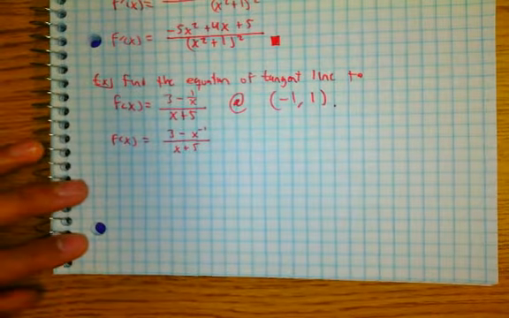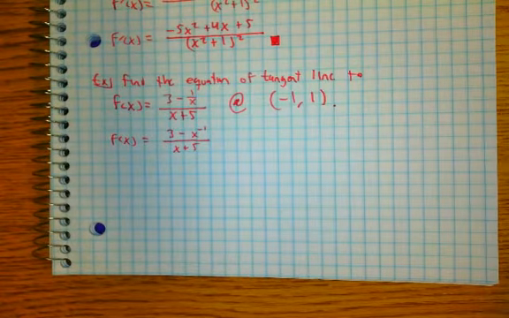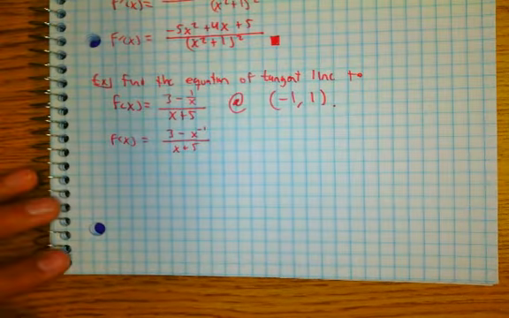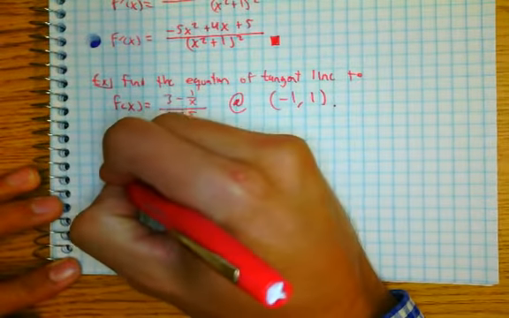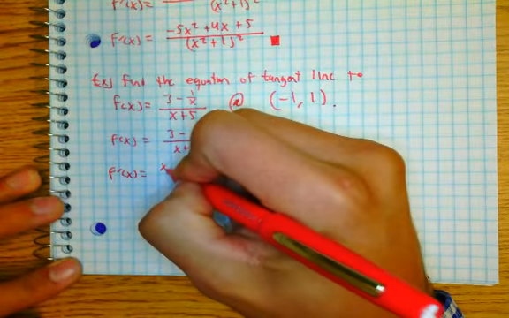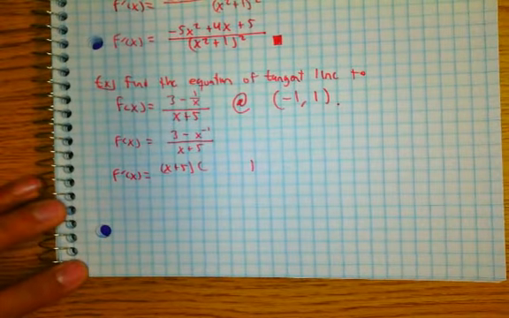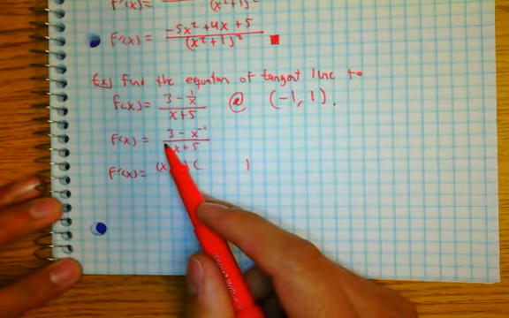Okay? So it is going to be x plus 5 times the derivative of the numerator. Right? Well, that 3 is going to go away. Agreed? Negative 1 times negative 1 becomes positive 1. Right? And then x to the negative 1 becomes x to the negative 2.